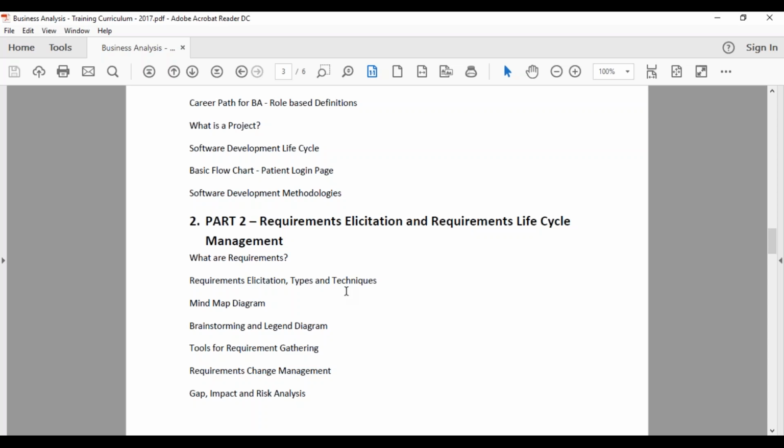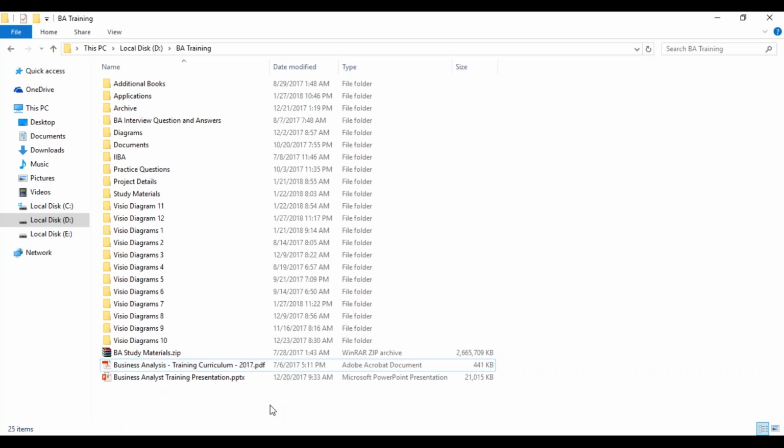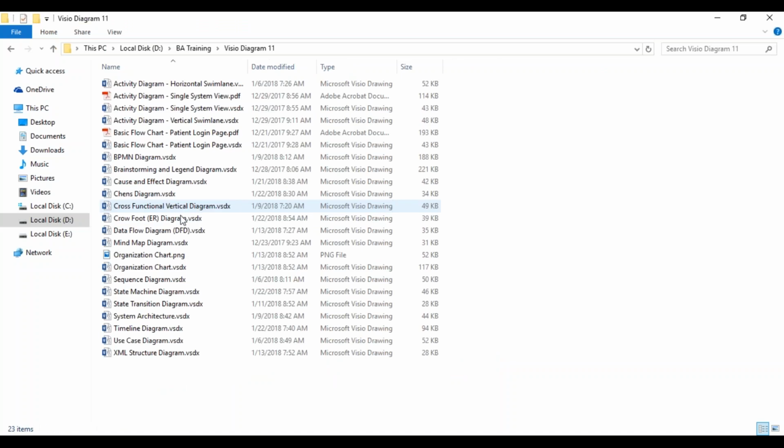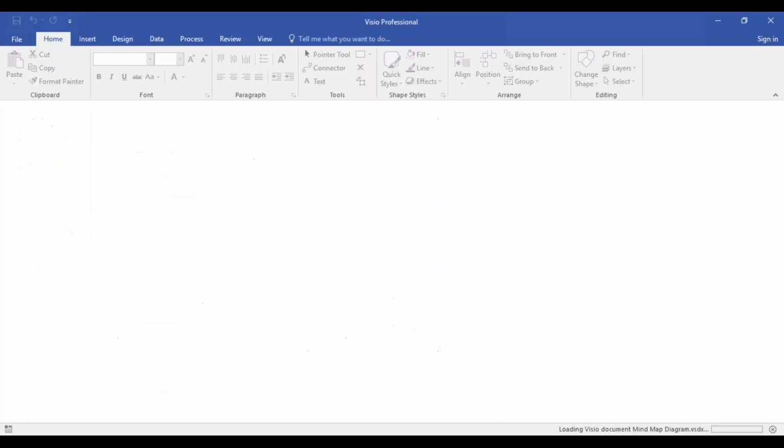So let us create a simple mind map diagram using Visio. It's a very easy diagram. What do you mean by a mind map diagram? We will see that. Open the sample mind map diagram given to you all.